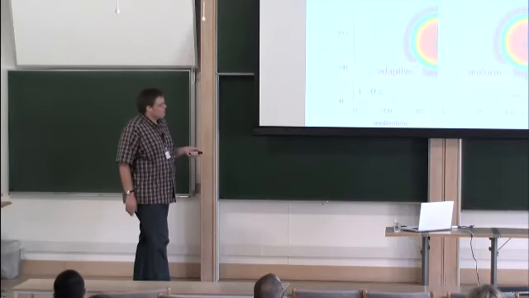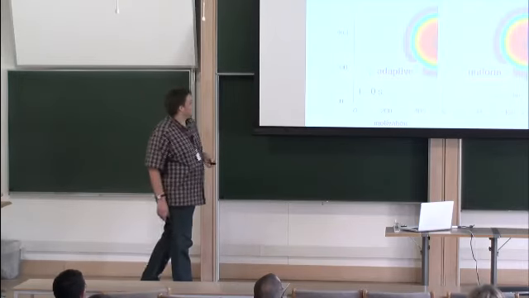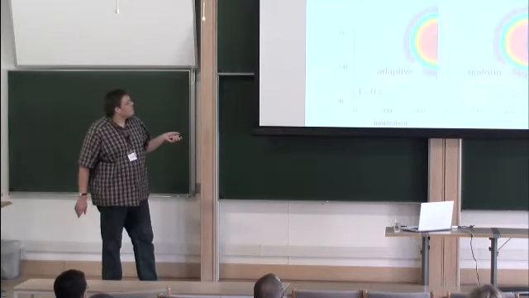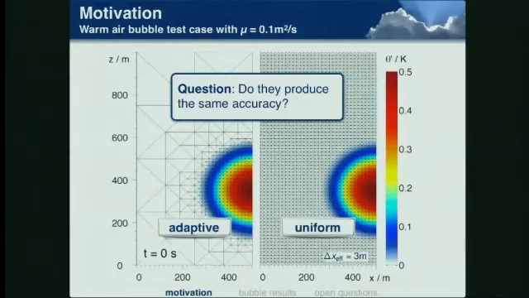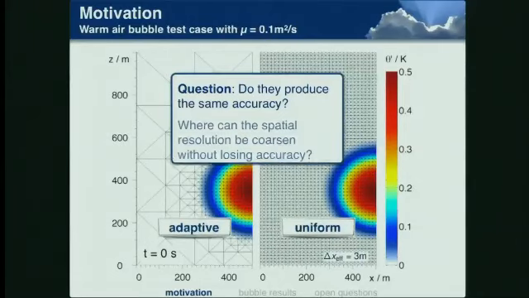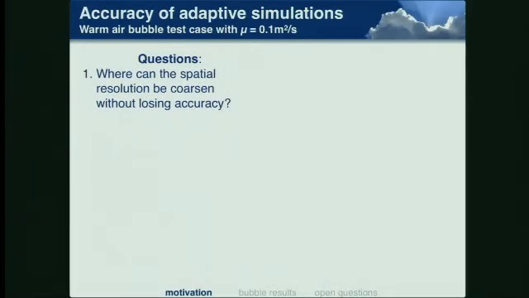When considering these two simulations, the question comes to my mind, do these two simulations produce the same accuracy? Probably not exactly, because here in the environment of the bubble, we use a fairly coarse mesh. But we could extend this refinement region. So the question arises, where can the spatial resolution be coarsened without losing accuracy? That's the first question that I will consider.